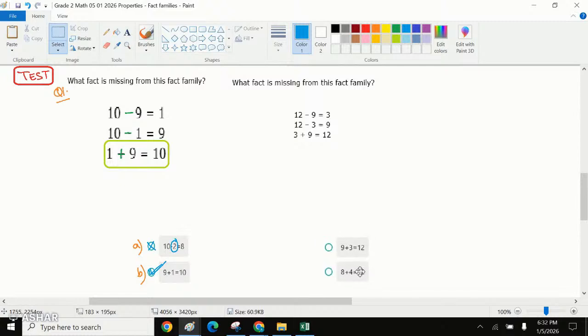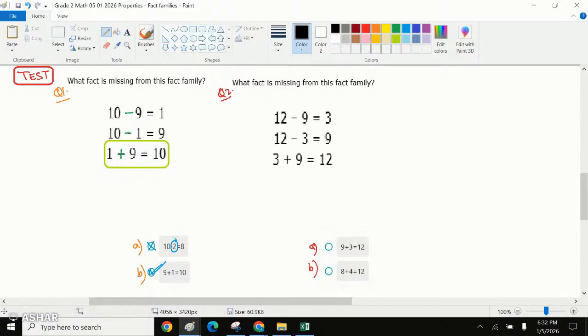Okay, this is question number 2 from the test. It has option A and option B. If we directly look at the options, we can always tell which is incorrect, because the numbers we had were 12, 9 and 3.